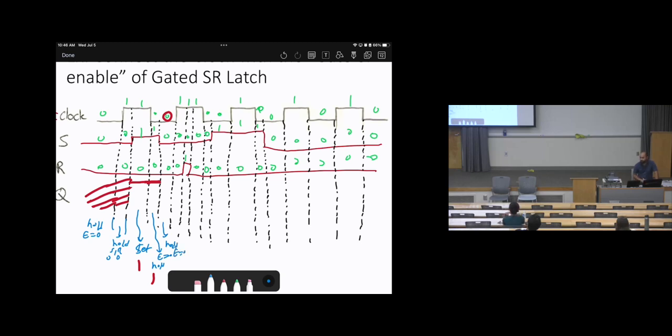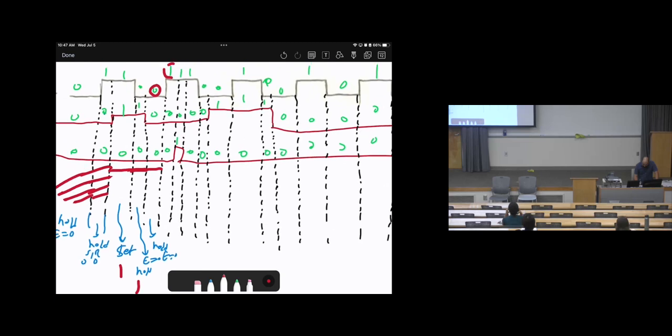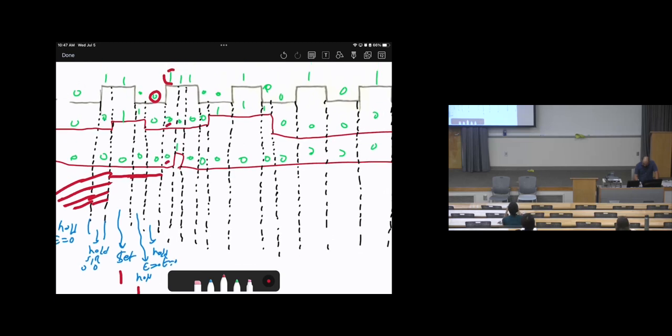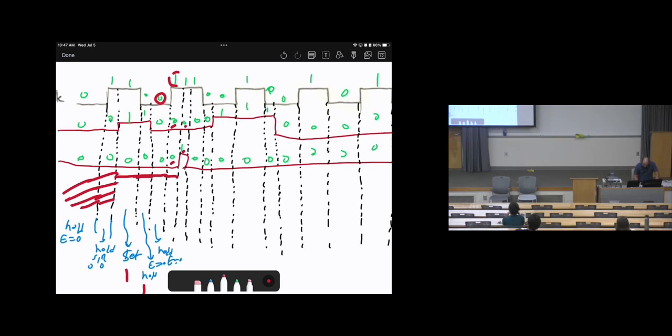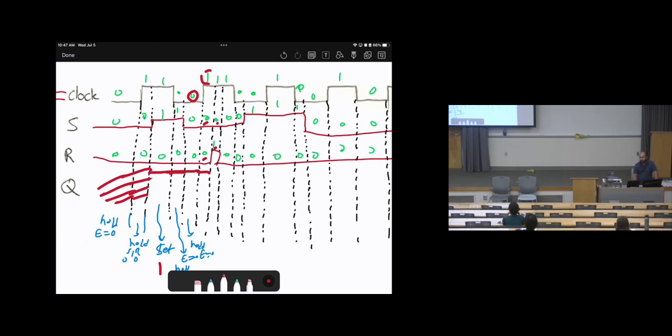Okay, you agree? So it will remain again. Now here enable is 1. Is there any update? S equals 0, R equals 0. Therefore, we're still on hold, right? Okay, the next one. Here S equals 0, R equals 1. What does this mean? Resets, right?